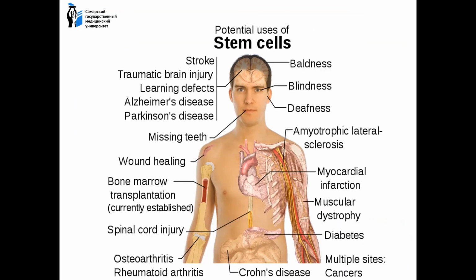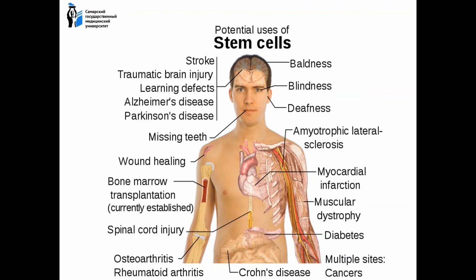Potential uses of stem cells. As you see on the screen, there are a lot of diseases which can be cured with the help of stem cells. So, the use of stem cells in medicine. Many scientists argue that they should be used very carefully.